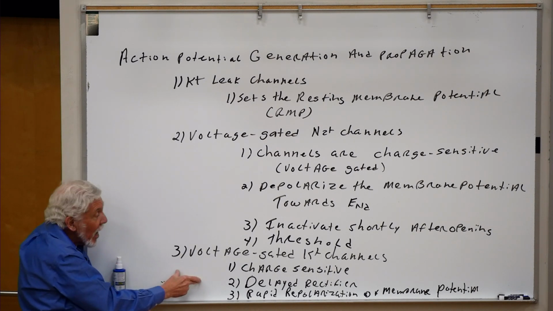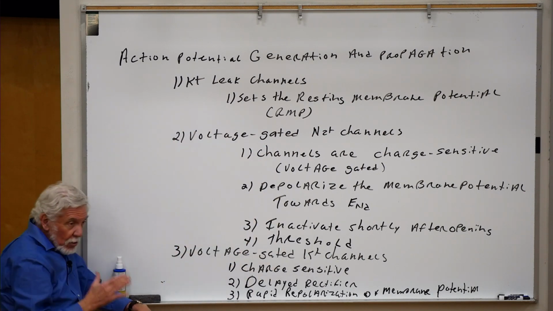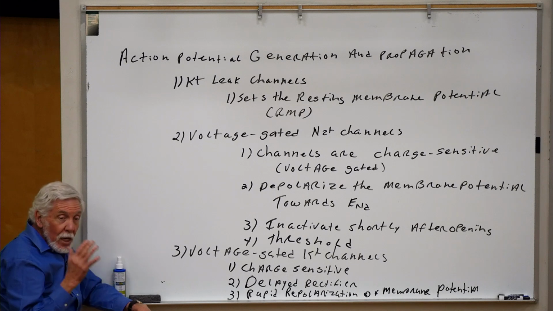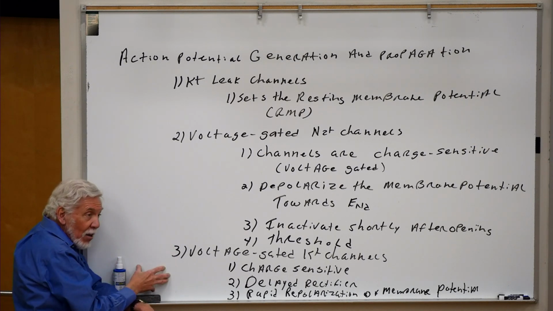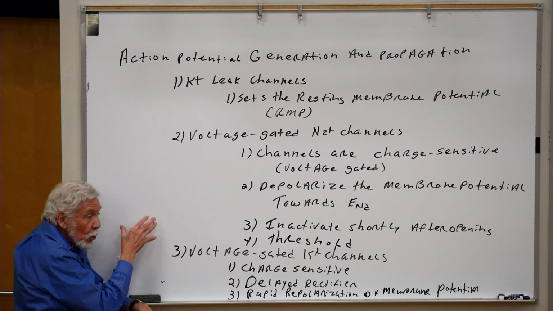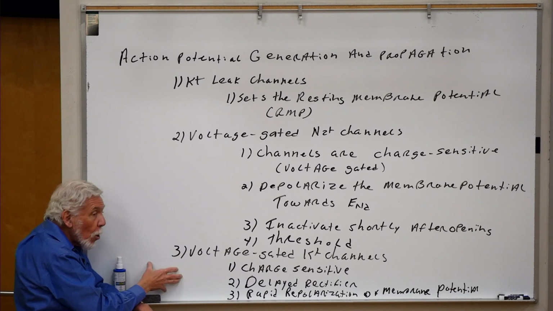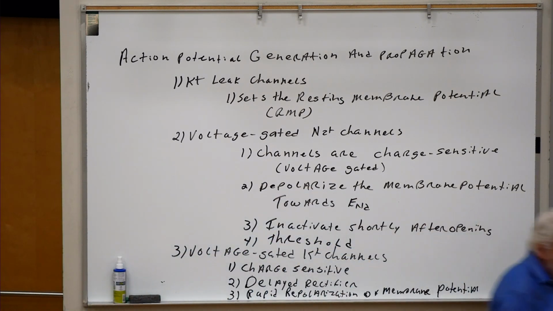Potassium flows out and repolarizes the membrane. So again, as we go through this, recognize that we hardly change the concentration disparities inside and out, but we do change the charge disparities. So we can use the charge disparities to depolarize the membrane while imperceptibly affecting the concentration gradients.